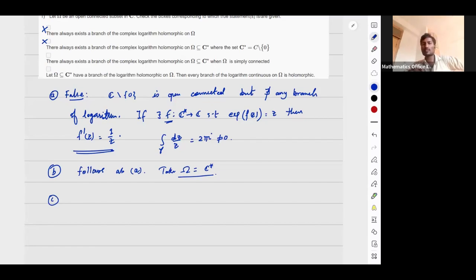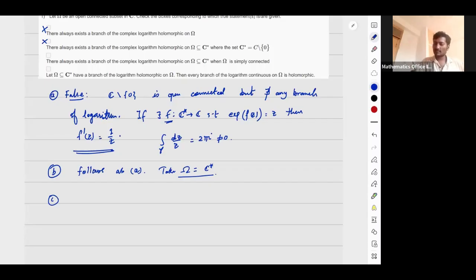So 0 does not belong to omega. This means 1 by z is a holomorphic function in omega. Now omega is simply connected, so over any closed curve the integral of 1 by z vanishes inside omega. So by using Morera theorem, 1 by z has an antiderivative, and that antiderivative is the branch of logarithm. We have seen the proof in the classroom lectures.